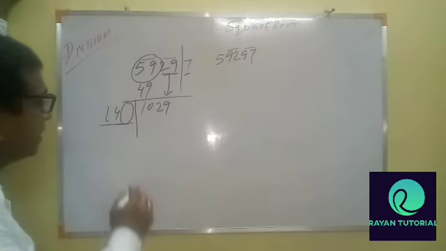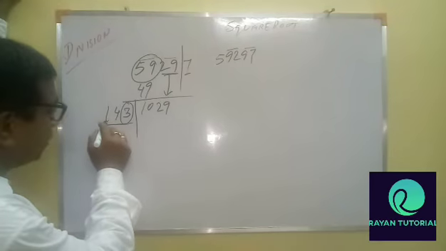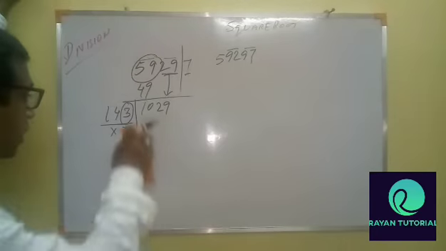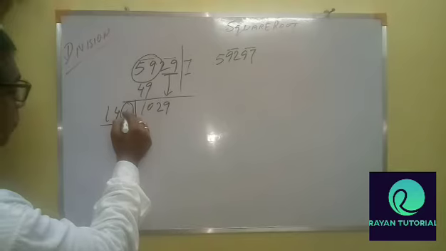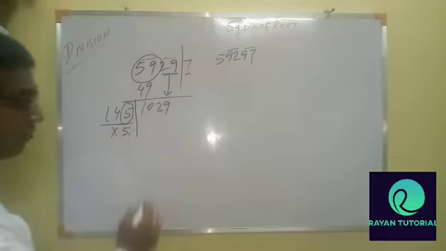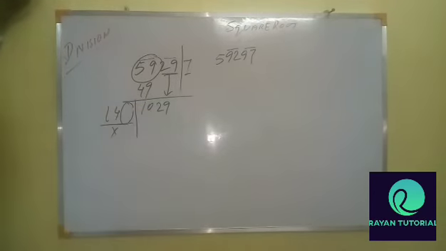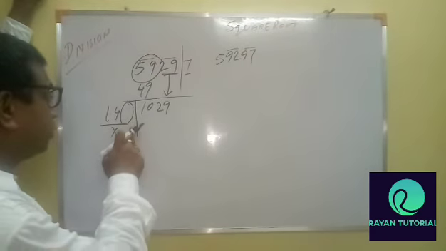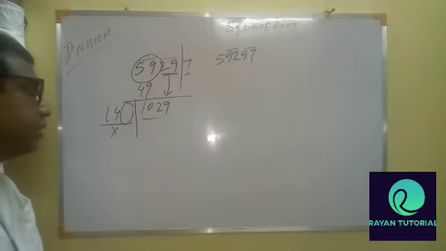For an example, I put here 3, so I should multiply 143 by 3. If I put here 5, I should multiply the total 145 by 5. Understood? This is the rule. Now we have to think and put such a number here, by which we should multiply this whole number and get this. How will you get it?